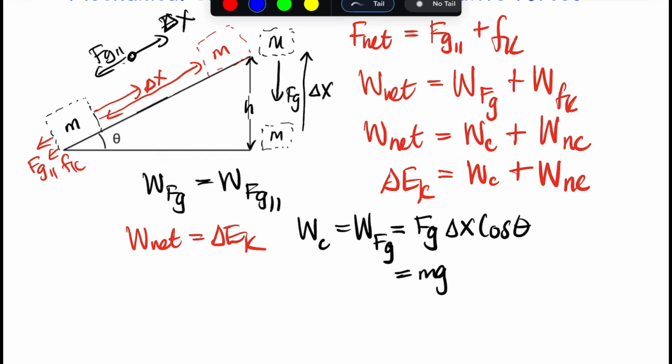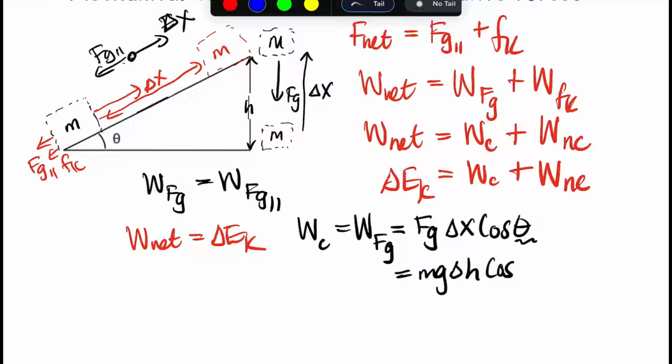its displacement is the height. Even though the object started from there to there, its displacement is the height. So instead of x, we can say delta h. And then the angle there will be 180, because the gravitational force is in the opposite direction to the displacement.